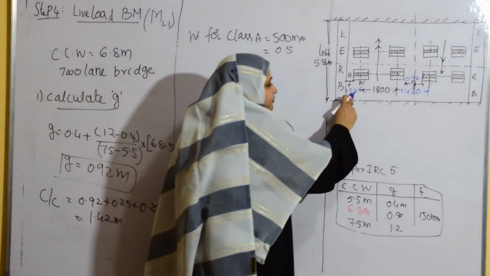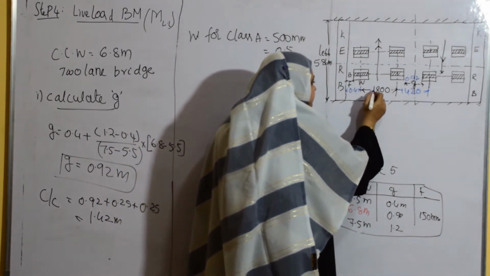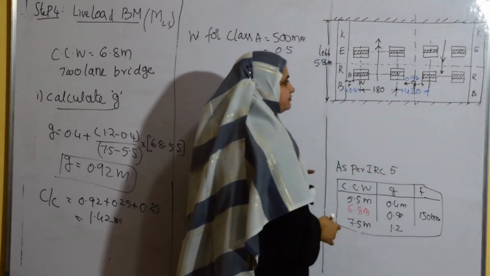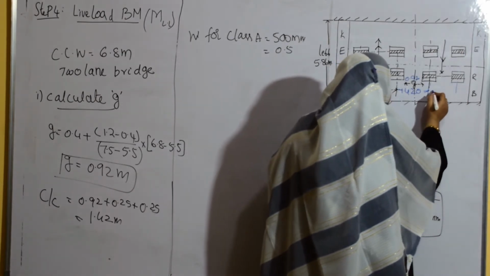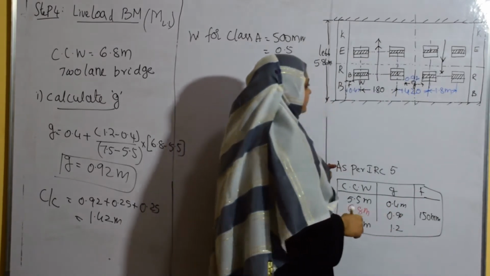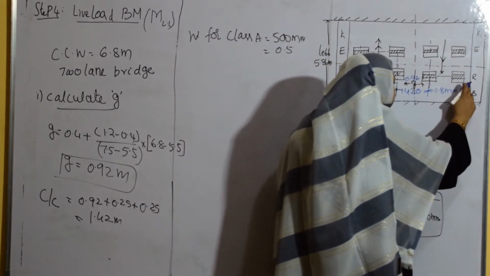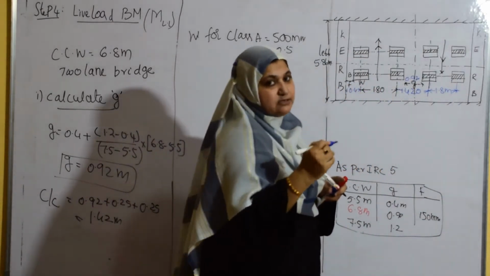Again, this is center to center 1.8 from the class A loading chart, and again 0.25 plus 0.15 is 0.4.